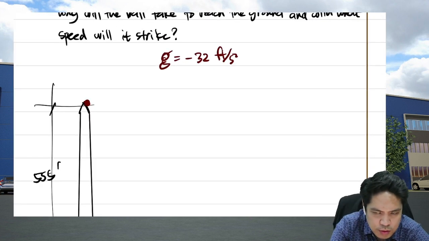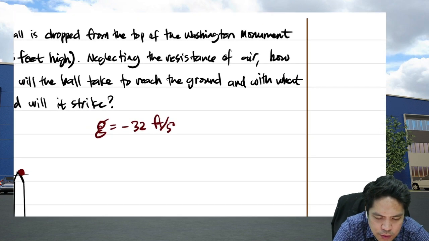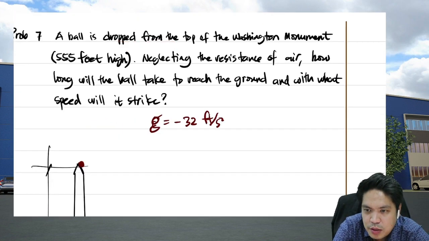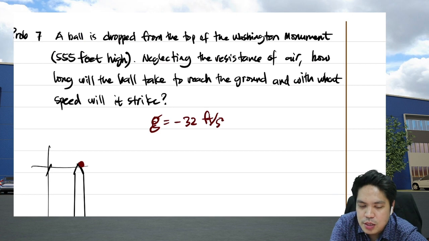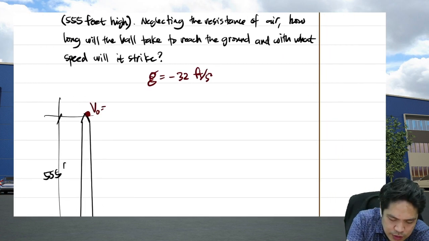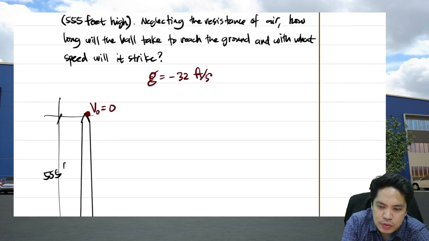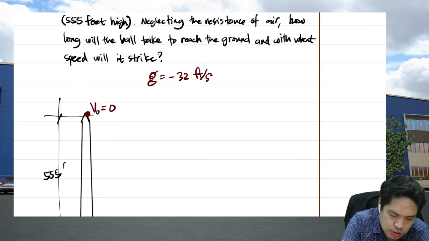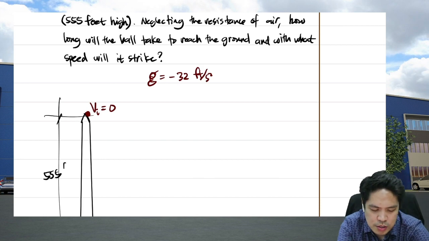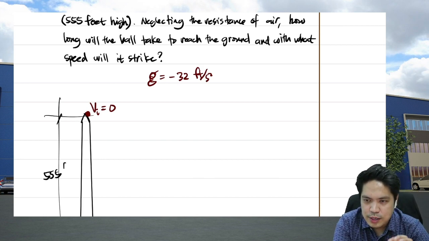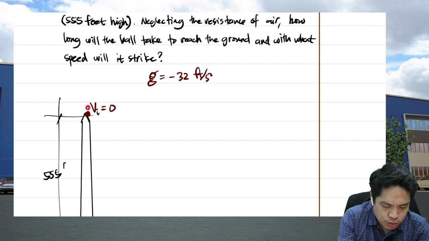Okay? But remember that the ball is dropped, meaning there is no upward velocity. So the initial velocity is 0. Or pwede din, let's use VI. Sige, pwede din VI. The initial velocity is equal to 0. Remember that yung inassume natin is the intention is to throw the ball upward.